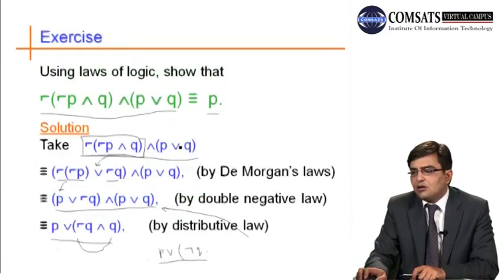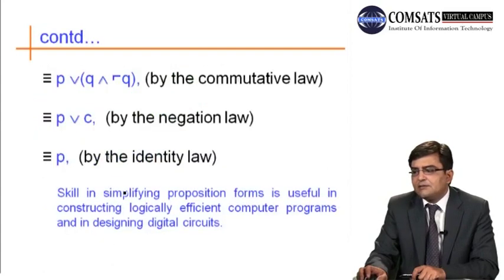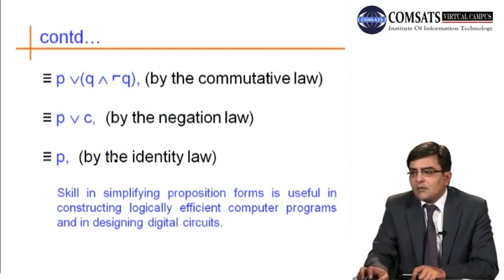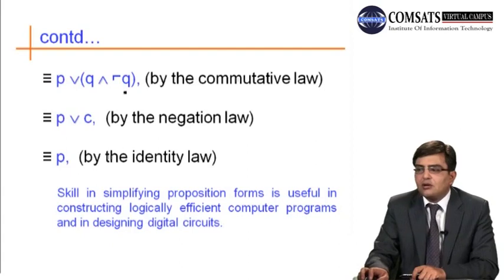So we can apply this law here: not Q and Q is equivalent to a contradiction. This is basically the negation law, and we can say Q and not Q, or not Q and Q.